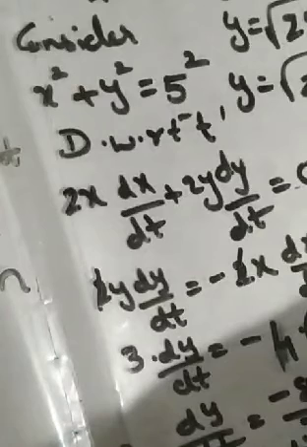Otherwise, you can also write that it is decreasing. The rate at which the ladder is decreasing. Is it clear? And this is a very very very important question. So let us do some more problems in the next video. Thank you.